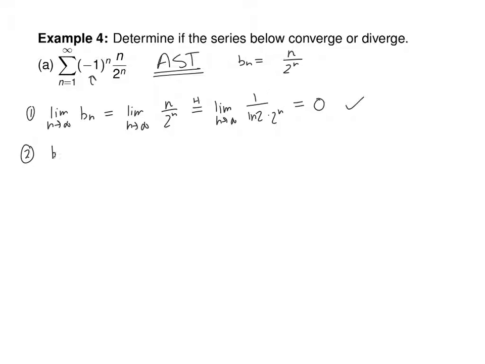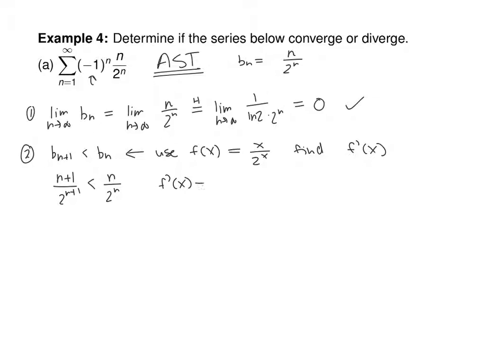Now the second condition: we must have that b sub n plus 1 is less than b sub n. Really, you'd have to prove this by doing some kind of fancy cross multiplication. Unless you're ready to do that, I think it is better to use the function f of x equals x over 2 to the x and find f prime of x. That's the whole purpose of a derivative. It tells you where a function is increasing and decreasing. So f prime of x is low d high minus high d low over low squared.